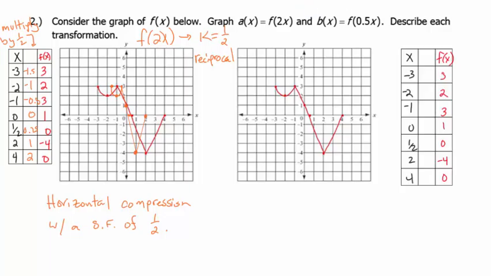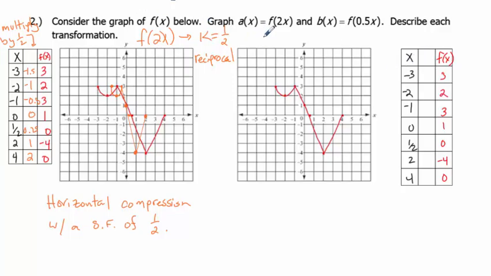So this is part 2 of this example. We're going to create b of x. And again, pause the video. I want you to create a table that I've got right here. Leave this middle column open for the new x values. And again, that's because we have a horizontal change. And so the x values are going to create the movement. So we're going to come up with new x values.